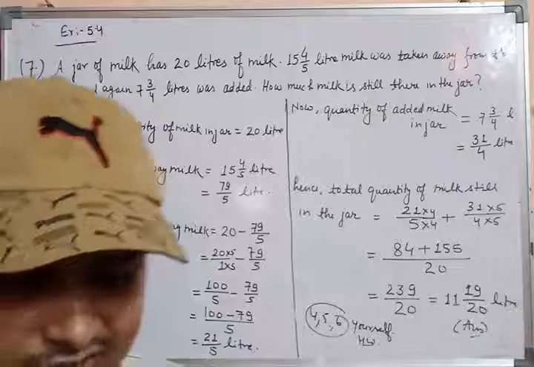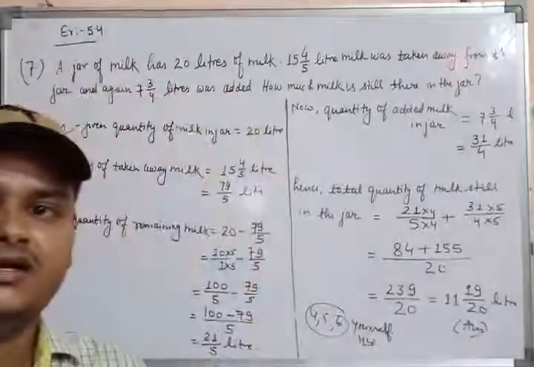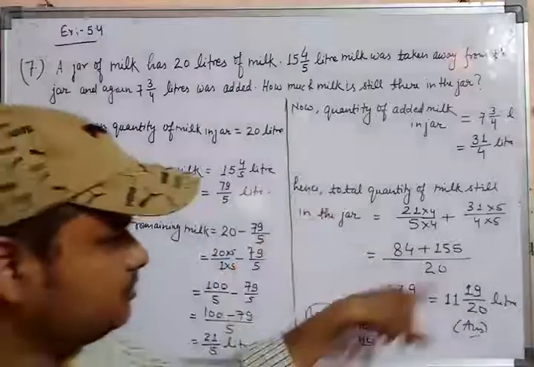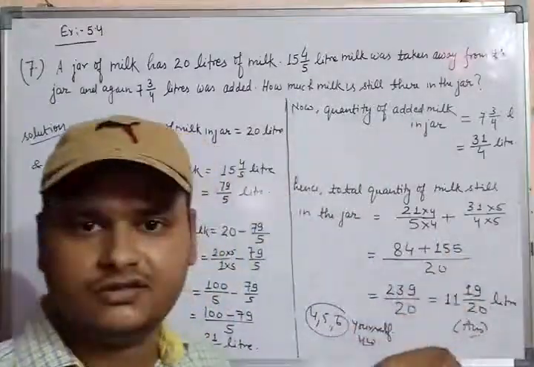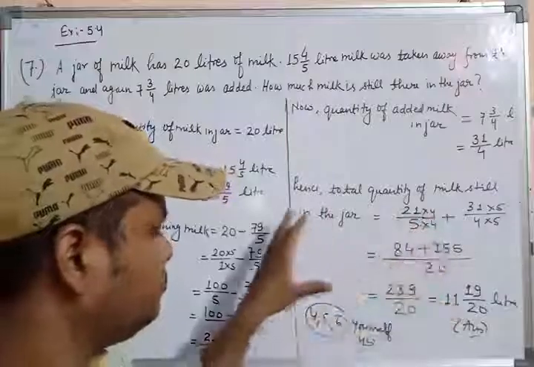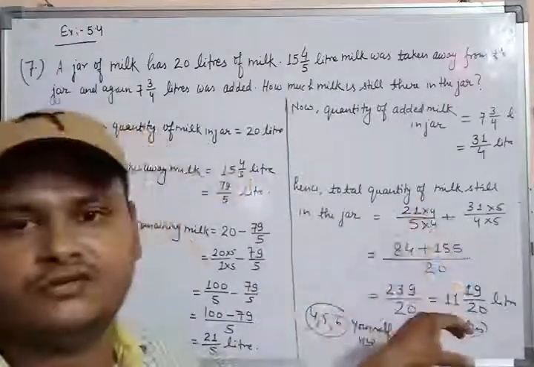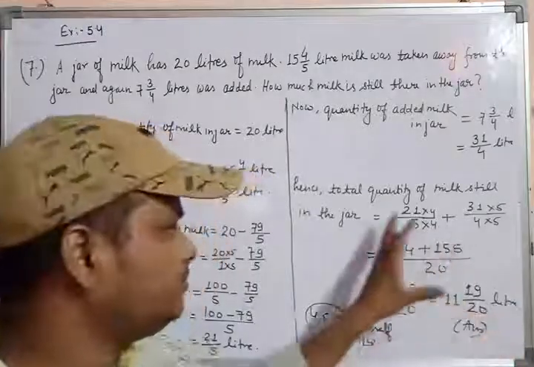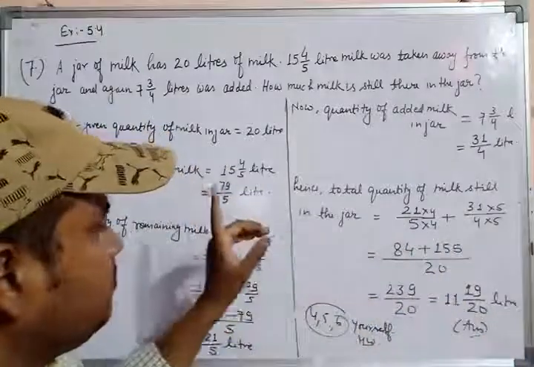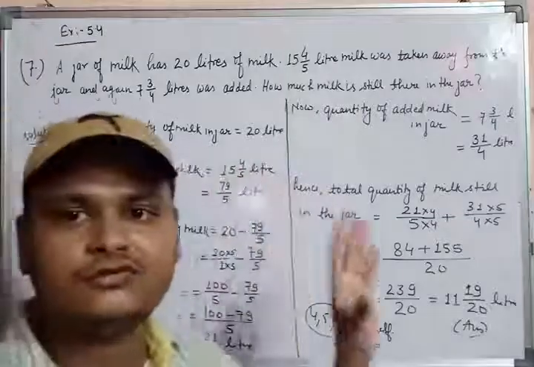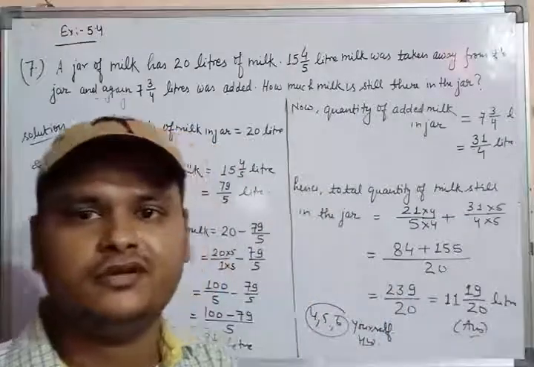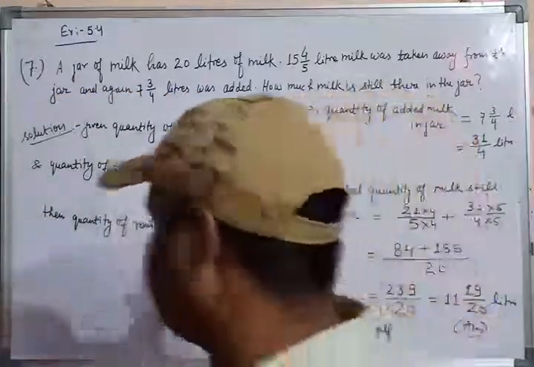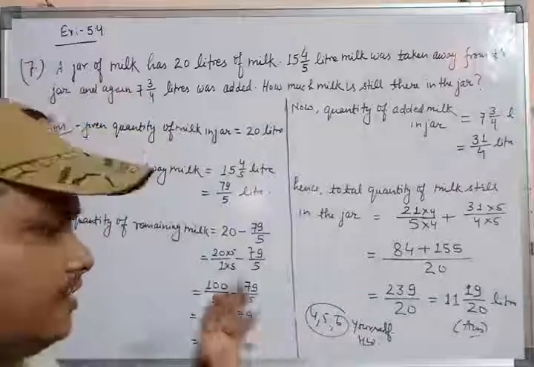I hope you all understand how we can write the solution in steps, then after you have to write the calculation. Make sure that if you want to solve the word problem, then you have to solve all the solution in steps, then after you have to write the calculation.